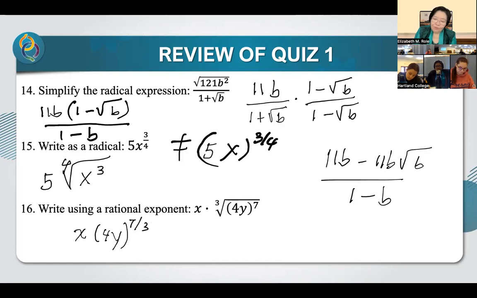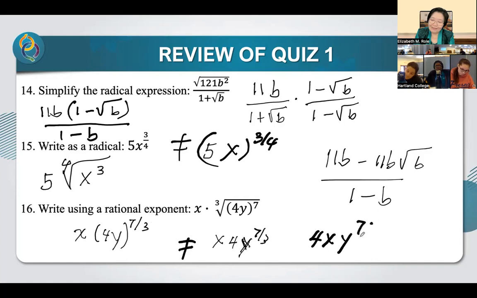So I think a few people wrote 4y to the 7/3. That's not the same, okay? Because here only the y has the exponent, but the 4 was not included. So make sure, some of you wrote 4xy to the 7/3, that's wrong, because it should be x times 4y raised to the 7/3.